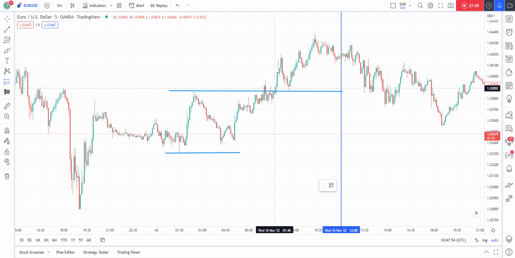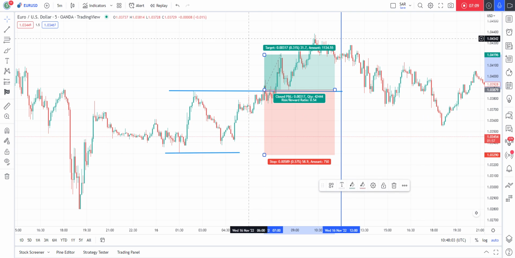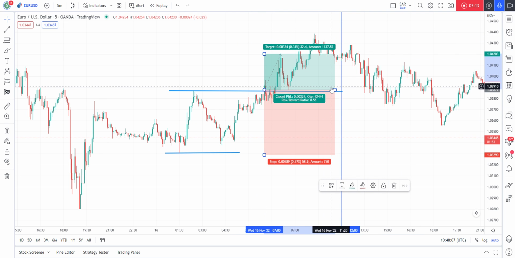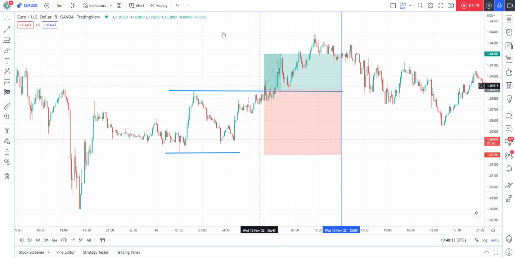Again, the usual: we go long because it broke the range right about here. We put the stop loss right below, and take profit is actually here. So it's a profitable trade. Now, if you can see, the risk reward is not always ideal. However, the probability of things is quite promising.